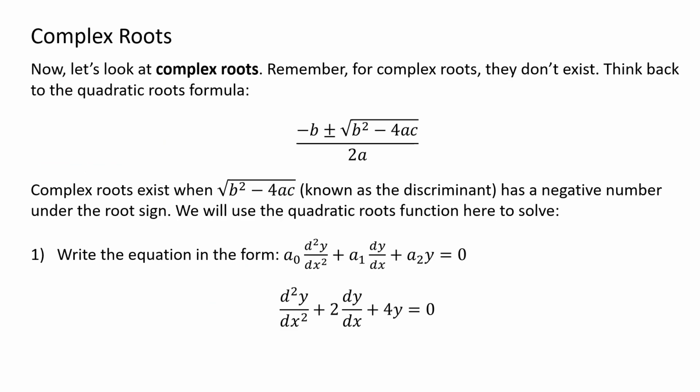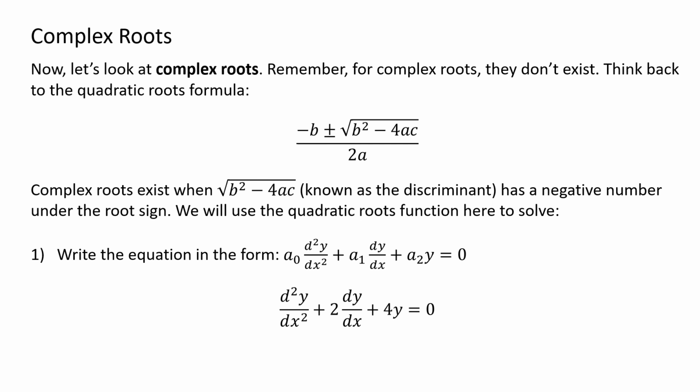Our last case is where we have complex roots. So remember, going back to drawing our graph, when we have quadratic equations, it means that the parabola sits entirely above the x-axis. So there's no roots, right? So when we solve this, we're actually not going to get a real number. We're going to get a complex number.